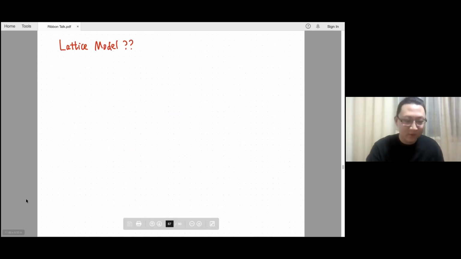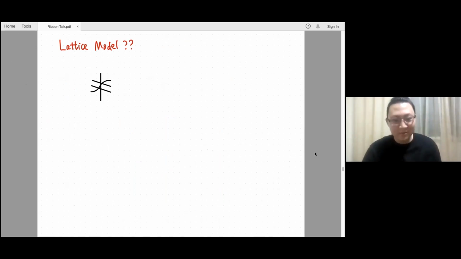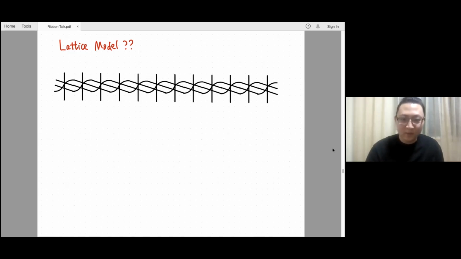Okay, then how are we going to make a lattice model? All right, so these are going to be our vertices, which have one vertical strand and 3 horizontal strands, which are intertwining. And here is what a one row lattice looks like.